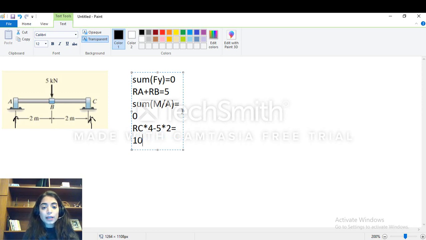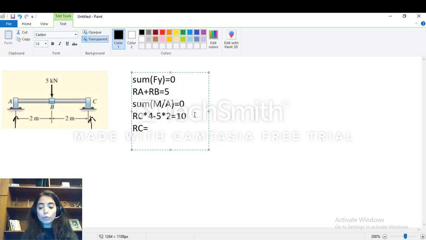And this means, guys, that RC is equal to 10 over 4, which is 2.5 kilonewton.